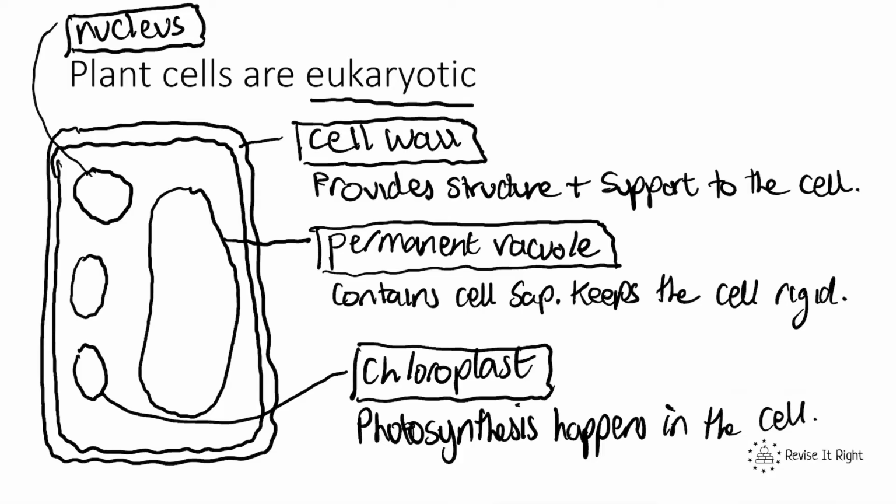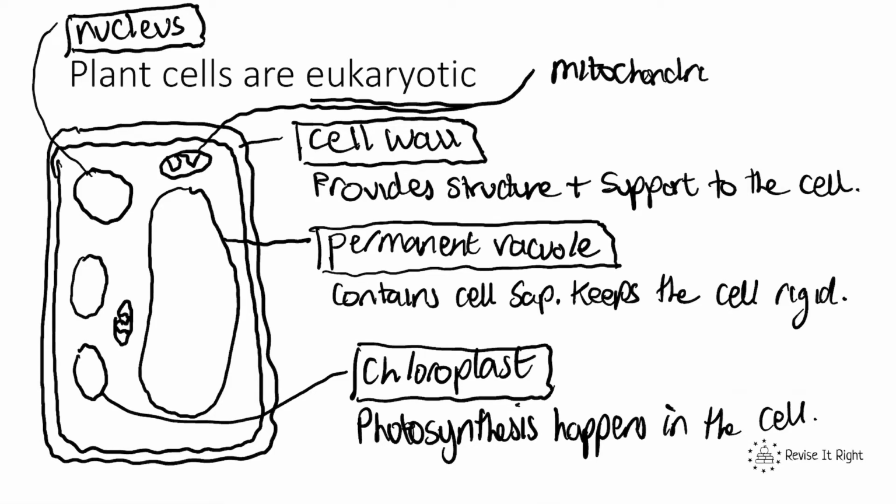So again, animal cells do not have these, but plant cells do. They also have mitochondria. Now, you have to note that these are smaller than the chloroplasts. So the mitochondria are actually smaller than the chloroplasts. And you'll remember that this is where aerobic respiration happens, which provides energy.